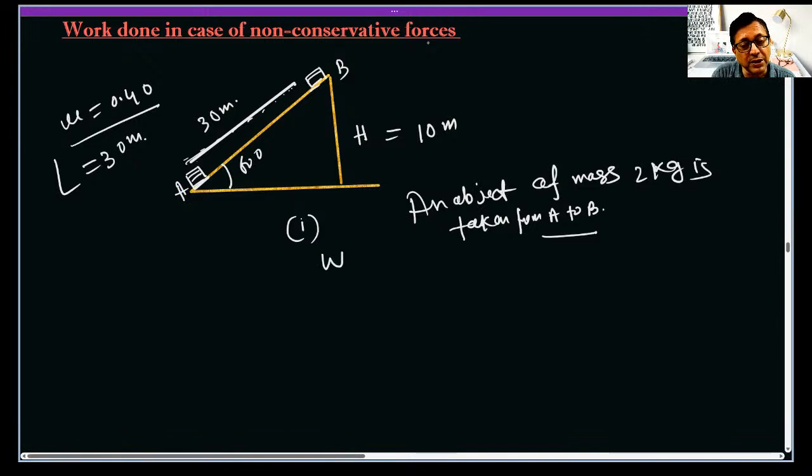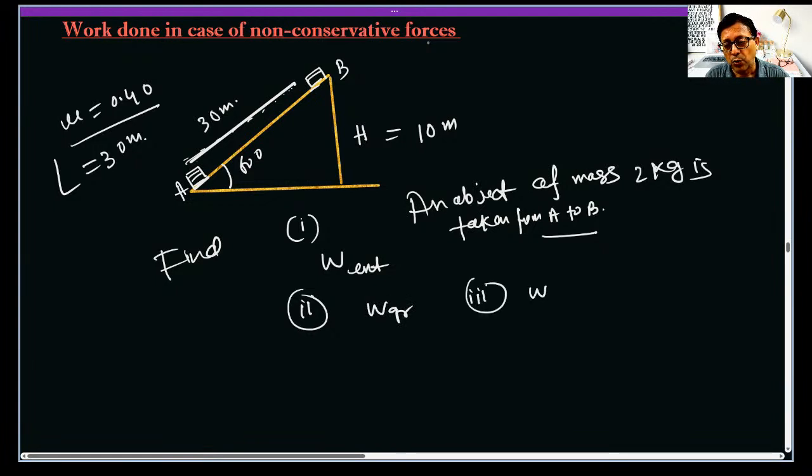Question is, find work done by external agent, and then find work done by the force of gravity. Third one, work done by force of friction.